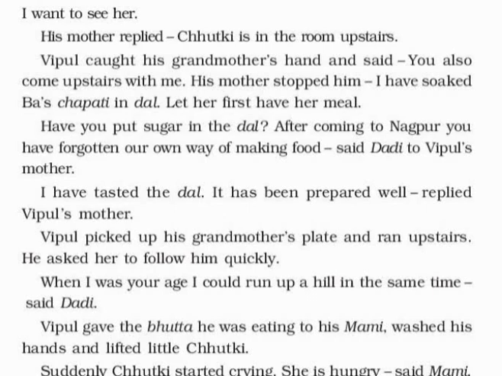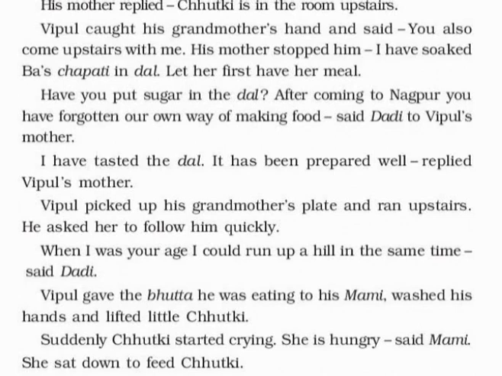Every state has special food, special way of cooking food, special way of presenting food. So that is why we have a variety of food and dishes in our country. So this has been highlighted by Vipul's grandmother, and she said, please don't put sugar in the vegetable or dal.